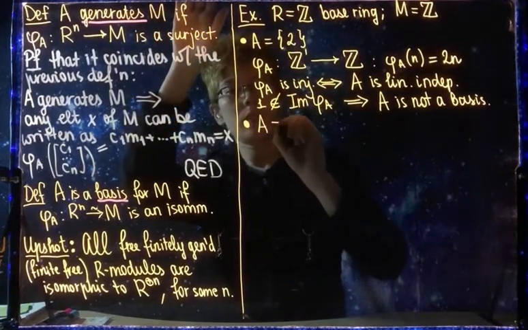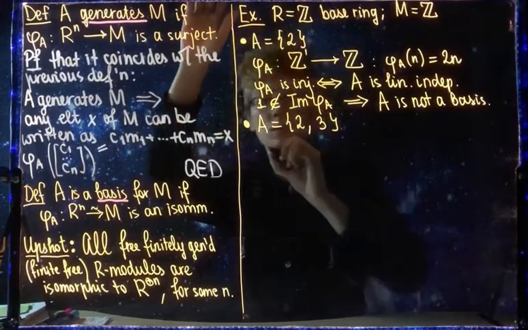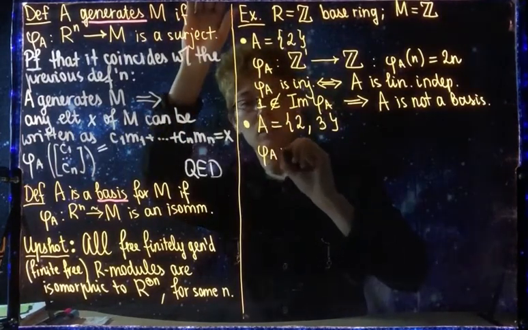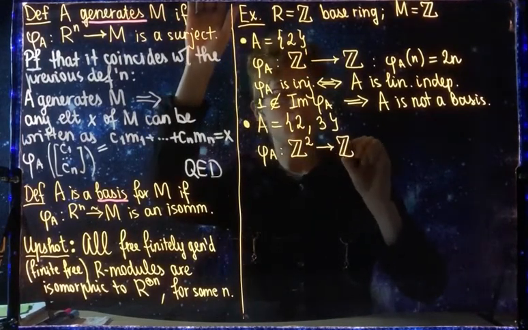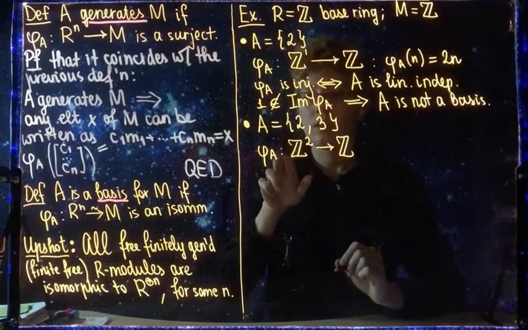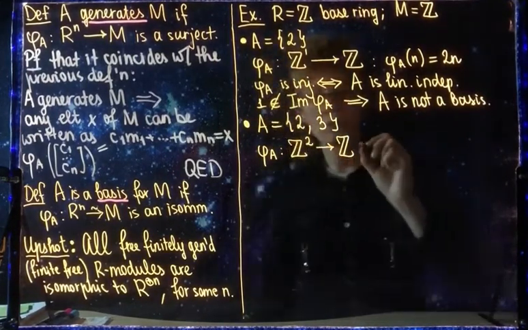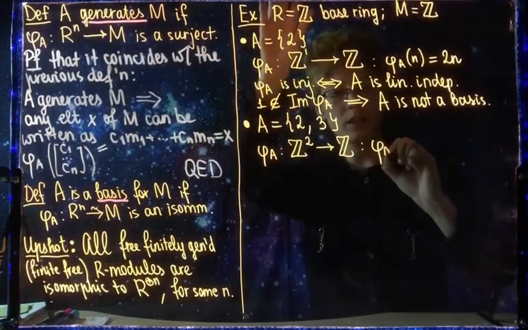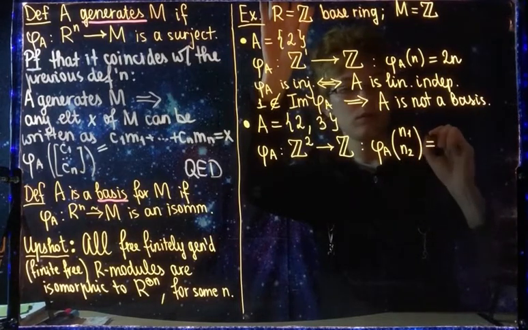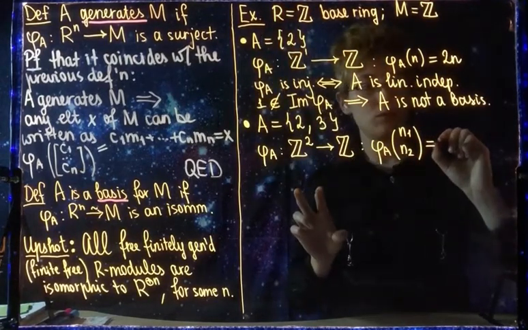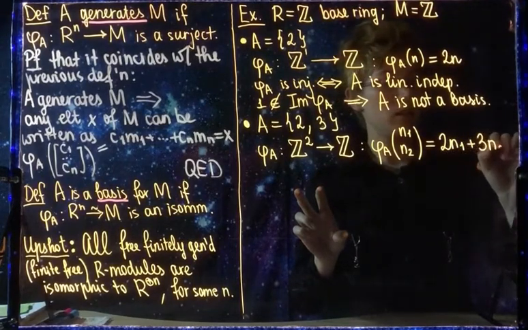Then I can take two elements 2, 3, and then phi A would now go from Z^2 to Z, because we have two elements here, so we take Z to the power 2, and phi A of (n1, n2) is equal to 2n1 plus 3n2.